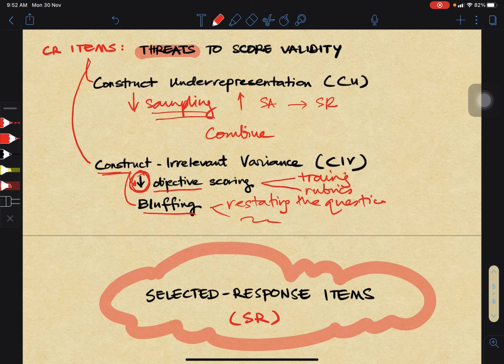Okay, so whenever that happens, you introduce error in the marks, and therefore you reduce the validity of your examination. Okay, so that is the discussion regarding CR items.